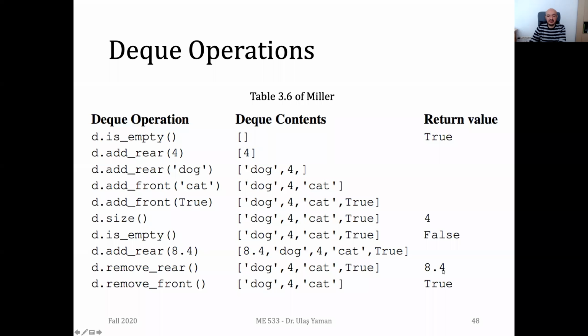Once you call it, 8.4 will be removed. And once you call the front operation, this time removing the item at the front of the data structure, true was at the front, so it will be removed. And now we have just 3 items left in the deque data structure.